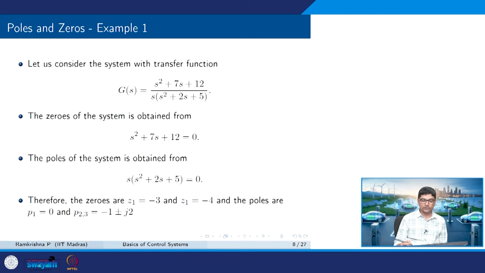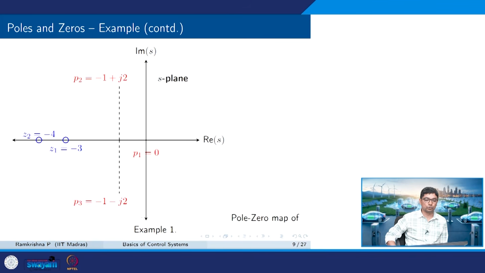I have a system which has m equal to 2, n equal to 3. I set the numerator to 0 and I get that the zeros are at -3 and -4. I set the denominator to 0, I get the poles are at 0 and -1 plus minus j2.